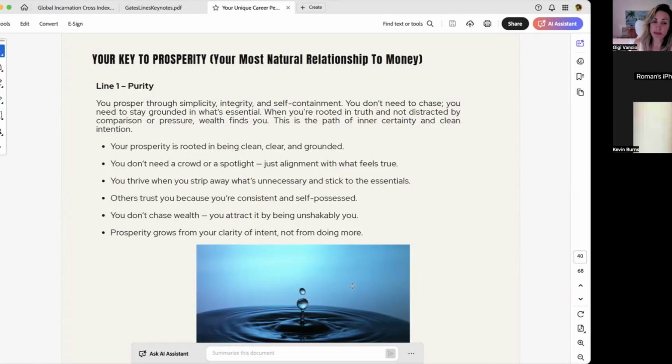You don't need a crowd or spotlight, just alignment with what feels true. You thrive when you strip away what's unnecessary and stick to the essentials. Others trust you because you're consistent and self-possessed. You don't chase wealth, you attract it by being unshakably you. Prosperity grows from your clarity of intent, not from doing more.